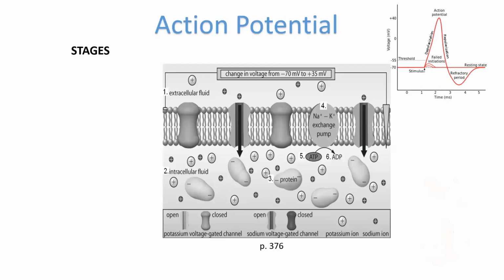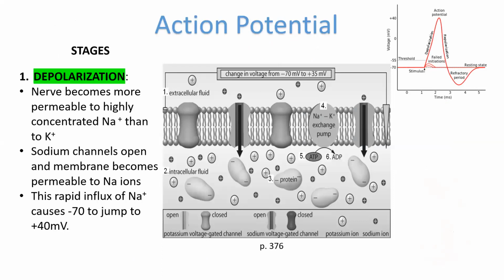Action potential has 3 stages. The depolarization. The nerve becomes more permeable to highly concentrated sodium than to potassium. Sodium channels open. So this is when the nerve is firing. We're looking at this part right here, depolarization.